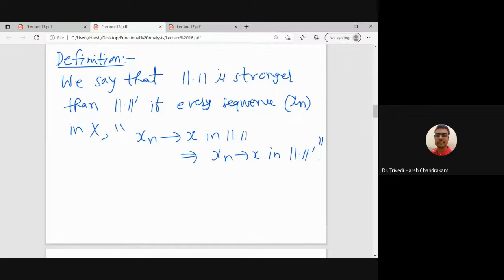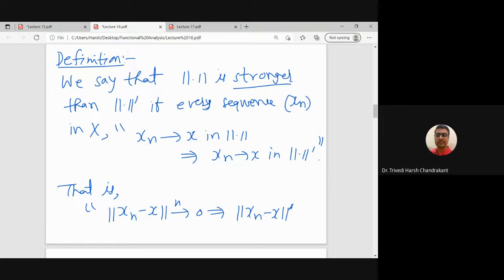So what does this mean? We say the first norm is stronger than the second norm if xn converges to x in the first norm, meaning norm of xn minus x converges to 0 as n tends to infinity, implies xn converges to x in the second norm, the dash norm, as n tends to infinity.